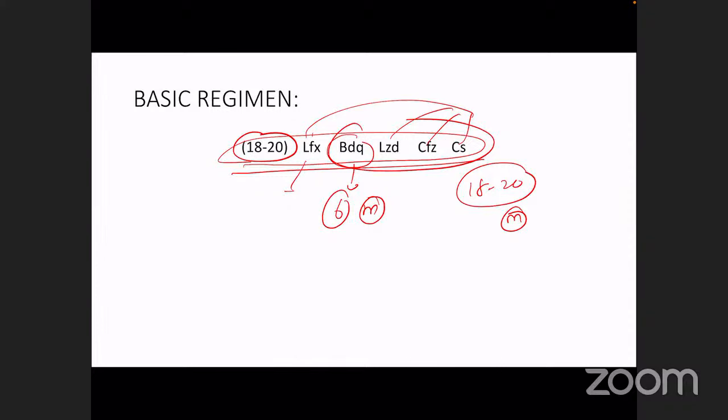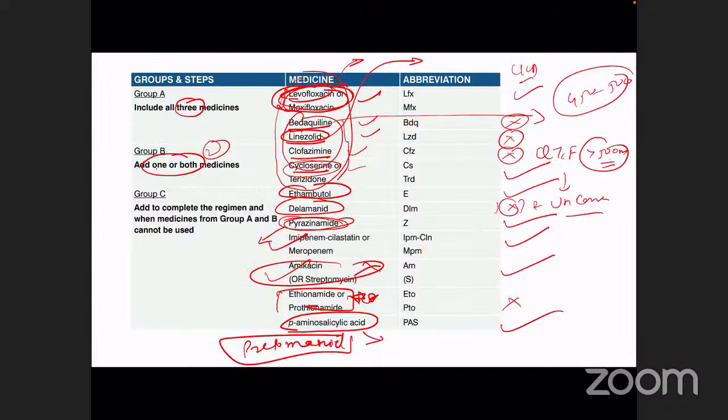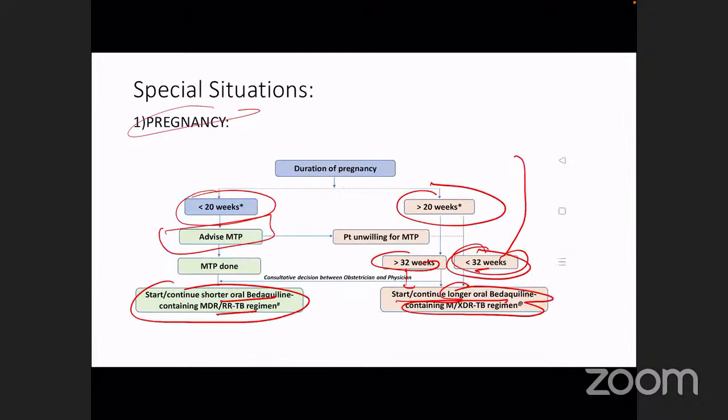Now among these drugs, bedaquiline is hepatotoxic, linezolid is hepatotoxic, fluoroquinolones are hepatotoxic, clofazimine is in general not, pyrazinamide is hepatotoxic, and ethionamide is a hepatotoxic drug. So a tailor-made regimen has to be made for those patients based on the patient's condition. If there is some absolute contraindication, you will not like to use these agents.